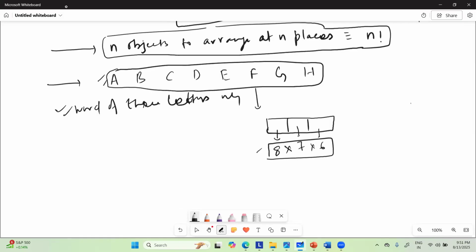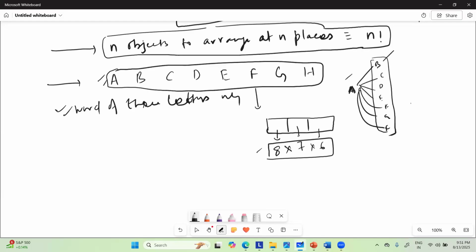So, if you want to picturize it, if I'm writing A at the first place, then I will have B, C, D, E, F, G, H. So all these 7 options are here, even if I put A at the first place.